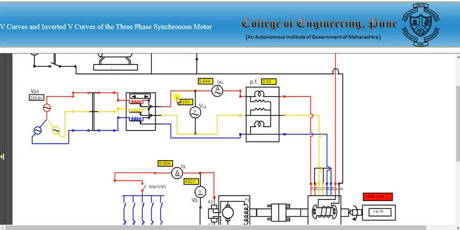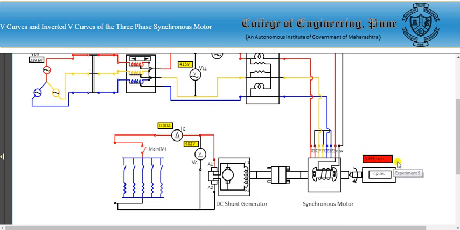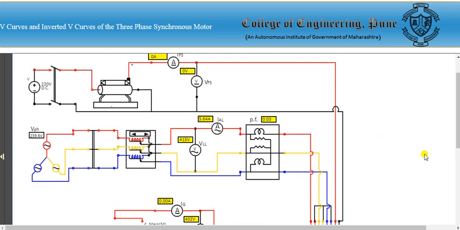This is the rated armature voltage we have to provide across the stator armature terminals of the synchronous motor. And the speed, see here in red, is approximately equal to synchronous speed. It is 1495 rpm.